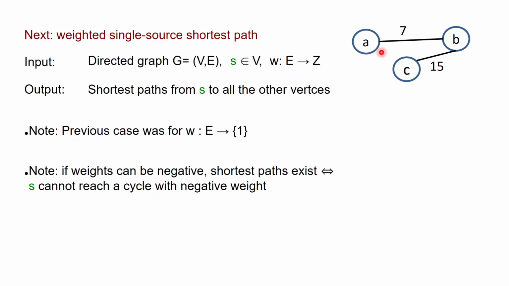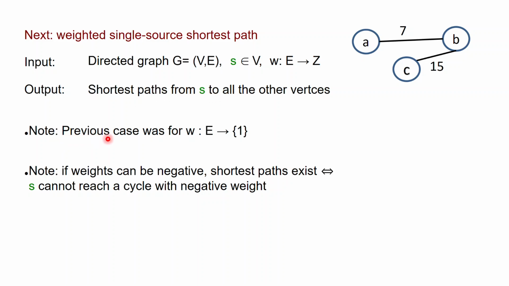For example, here I have assigned weight 7 to the edge A to B and weight 15 to the edge B to C. And the output again is the shortest path from S to all the other vertices. And naturally I want the shortest with respect to the weights.